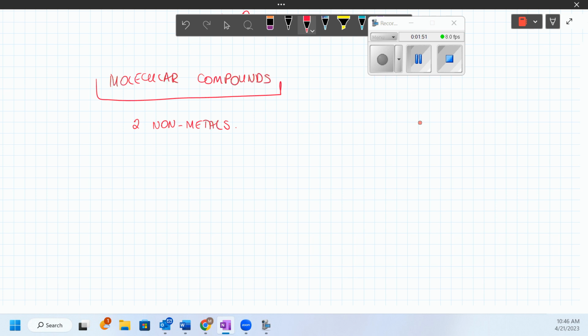We know the common ones, but it is not the same as what we did with ionic compounds, where if we have magnesium and oxygen, you will always see magnesium is one and oxygen is one, so MgO.